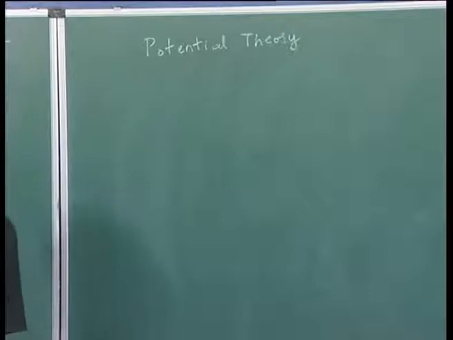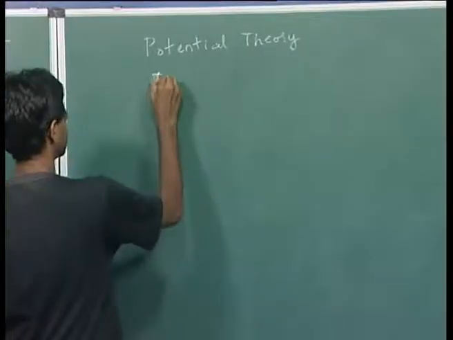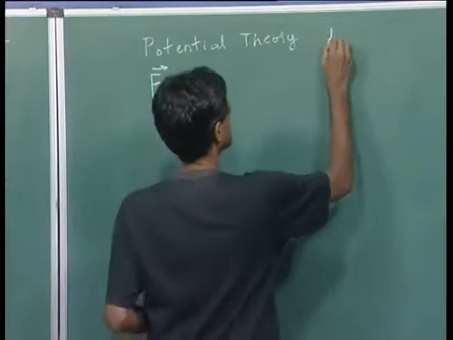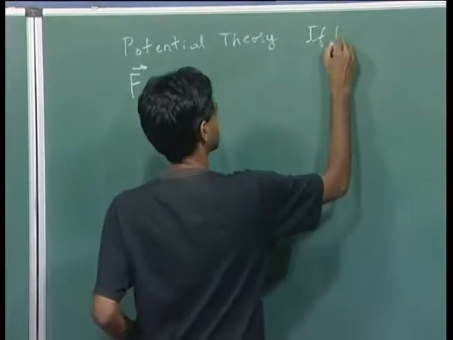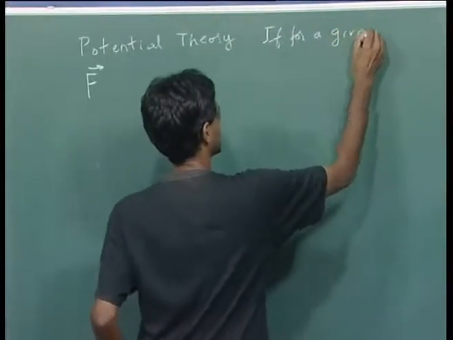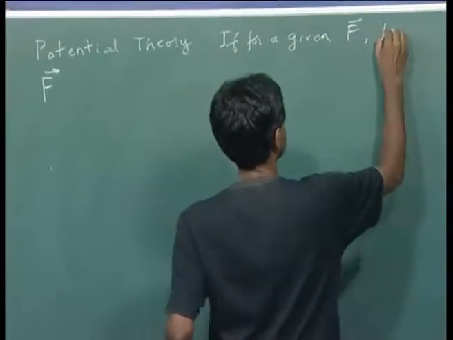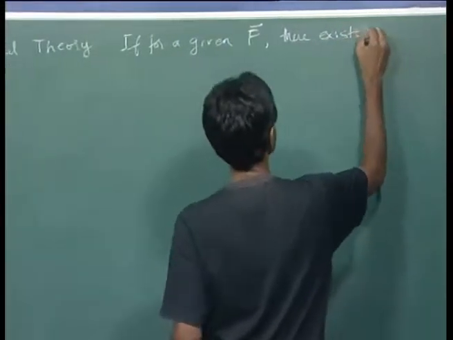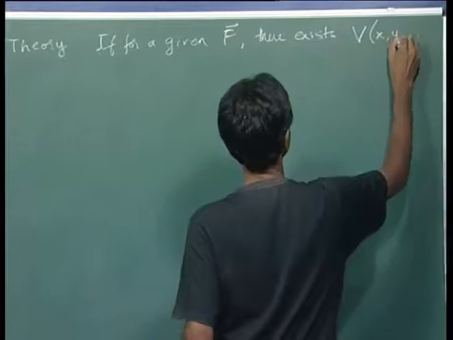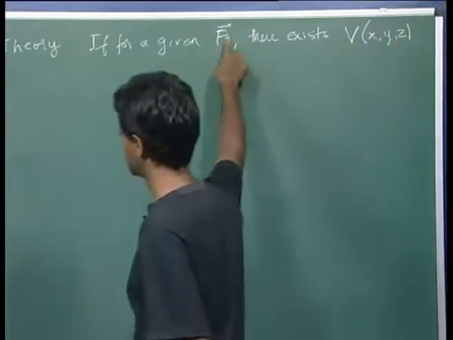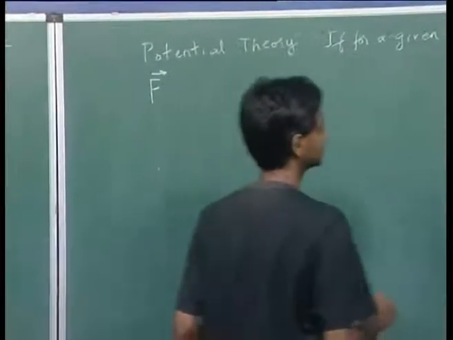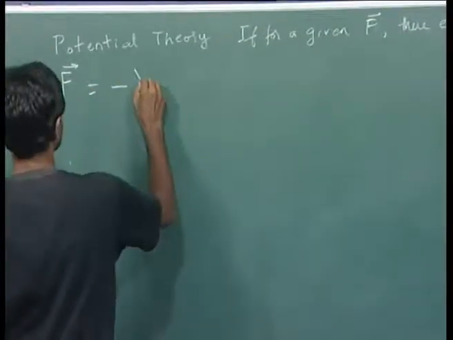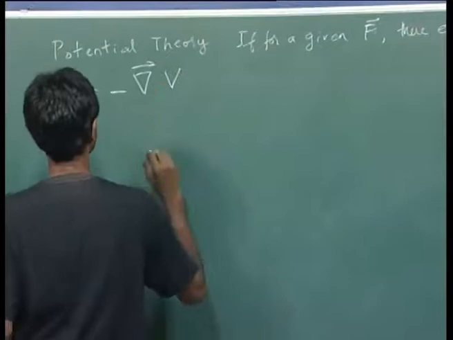Which states that suppose I have an f that can be expressed, so suppose for a given f there exists v of x, y, z, here f is also a force field, such that f is equal to the negative gradient of v.